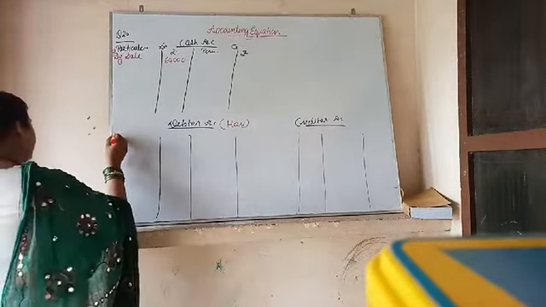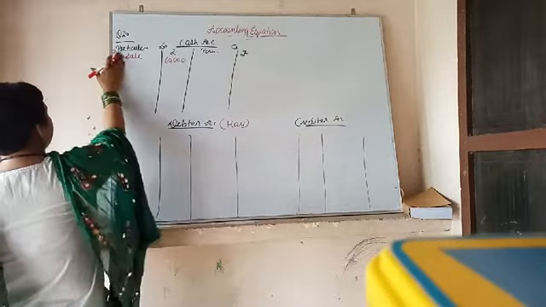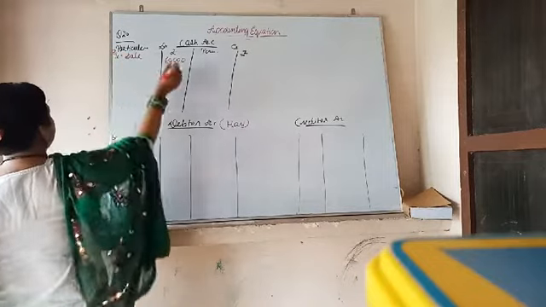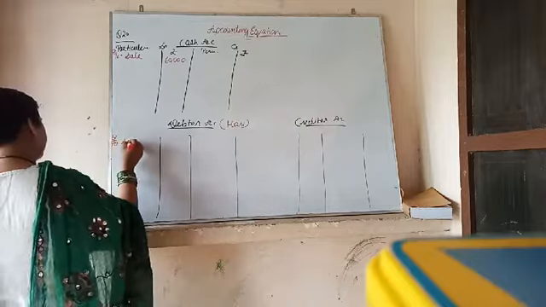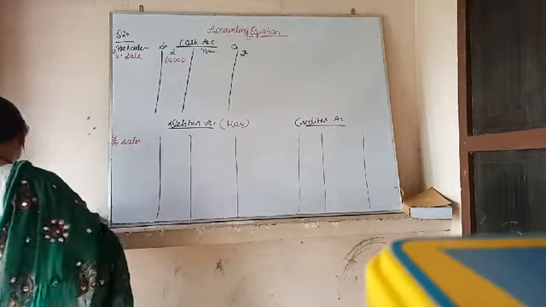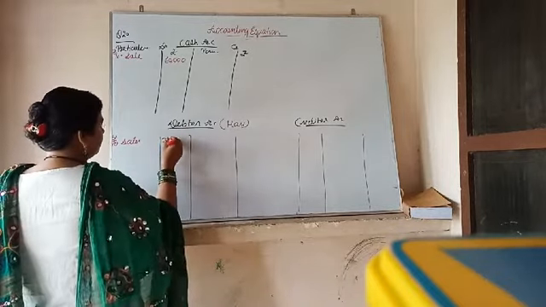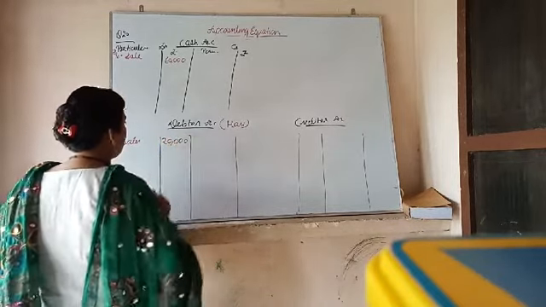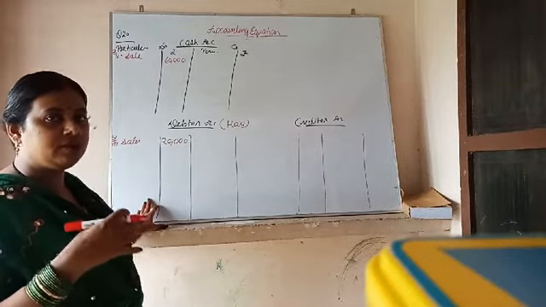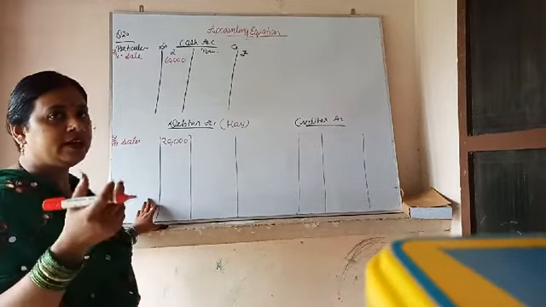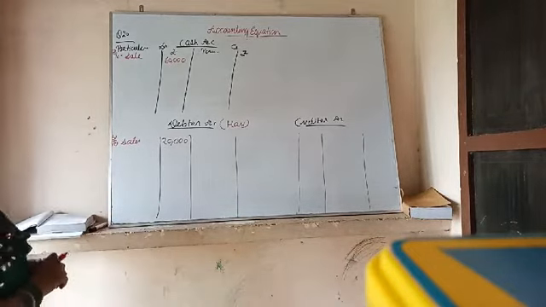So we will write it on the debit side, and on the credit side we write "By sales". We have prepared the debtors account, and Hari is the receiver, so we write 20,000 in the Hari account.